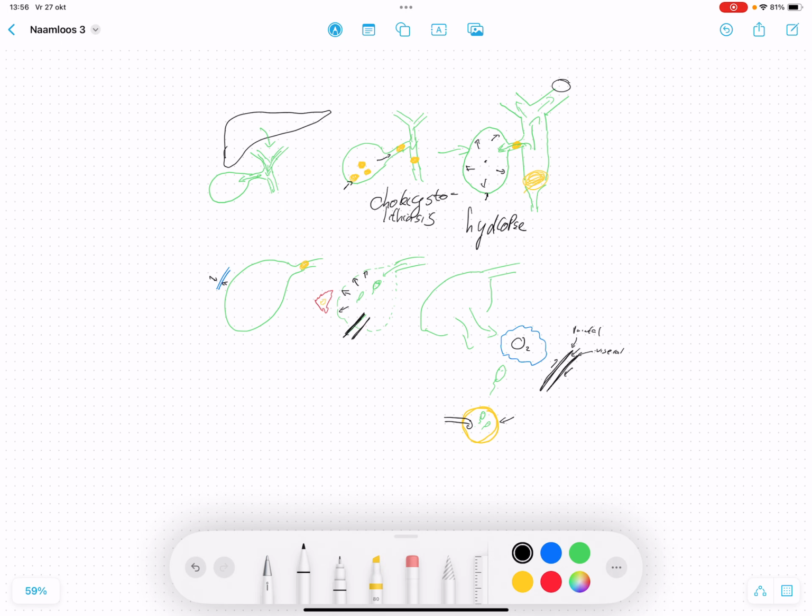So in summary, we've talked about the pathophysiology of a cholecystitis and complications that may occur because of a cholecystitis. An important key point is that we need to realize that the gallbladder wall secretes mucus. So if there is an obstruction of gallbladder outflow, you will have an increase in pressure in the gallbladder because the mucus cannot be released.